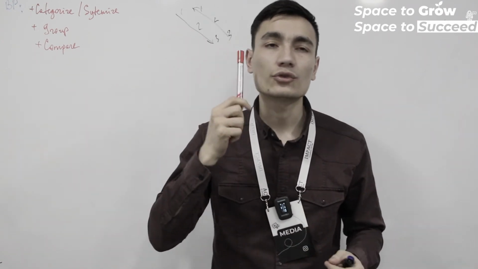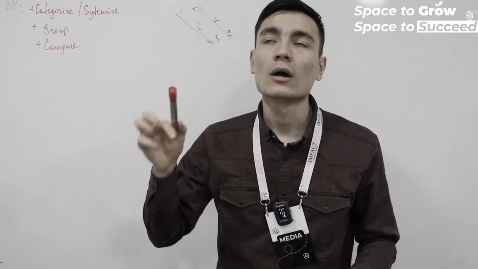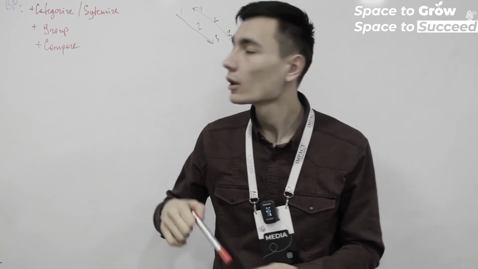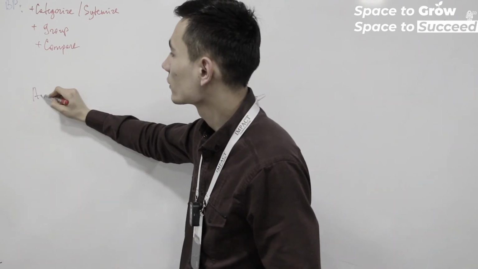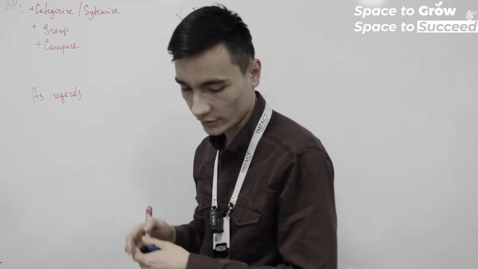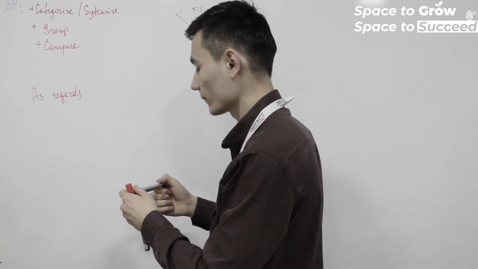Let's just try. I'm going to use red to indicate that the words that I'm writing in red are part of the coherent cohesion structure. So I say as regards, it regards what? It regards proteins, the levels of proteins.